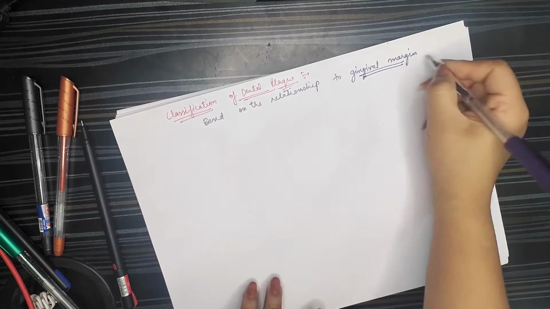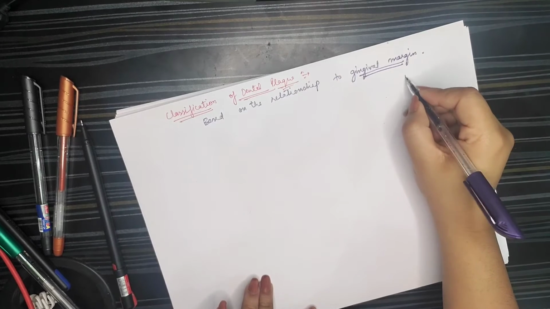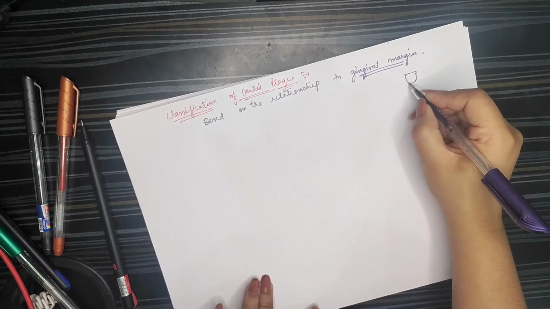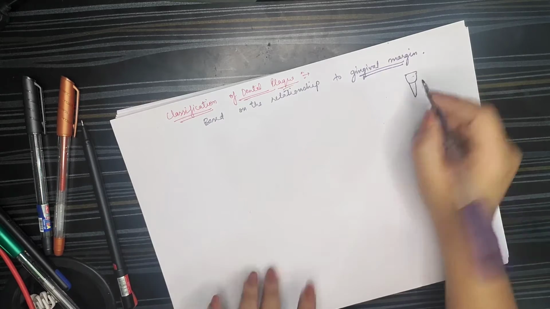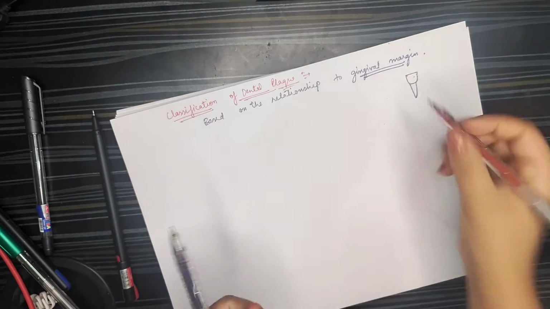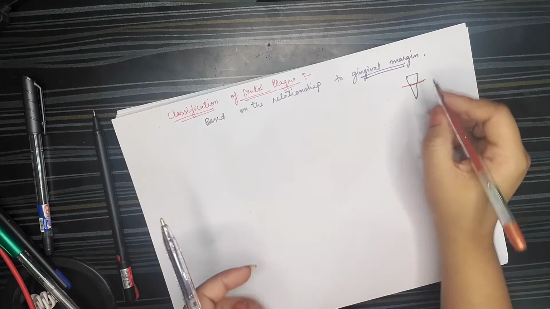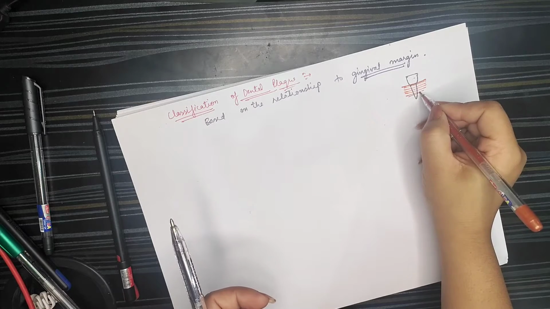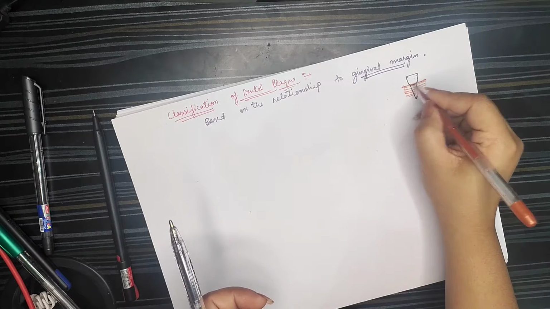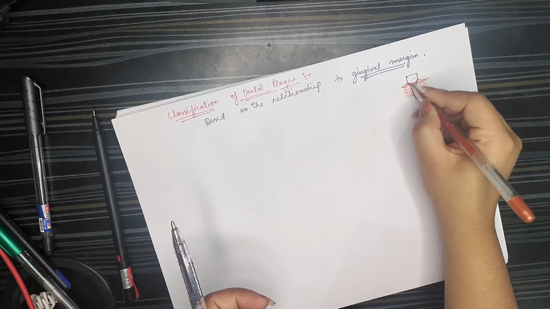So I think you all know what the gingival margin is. This is the tooth, this is the root, this is the hard structure, and the soft tissue over this is known as gingiva, and this portion is the marginal gingiva.